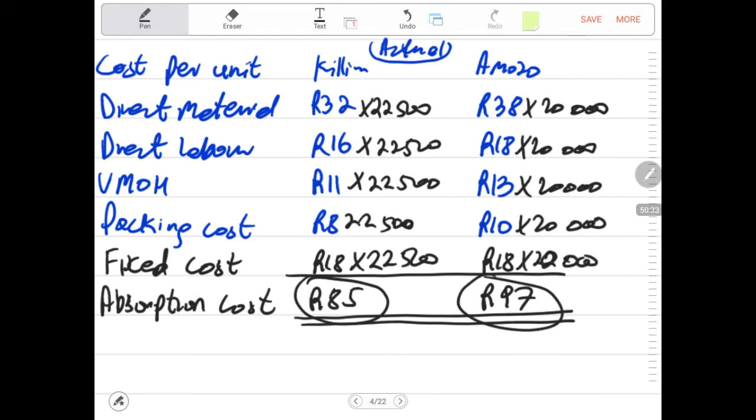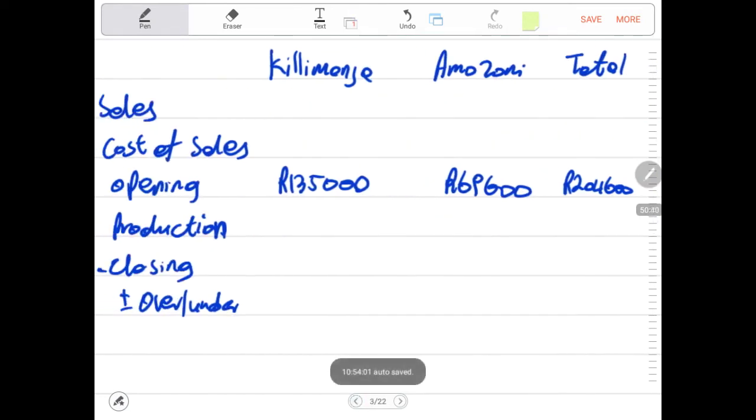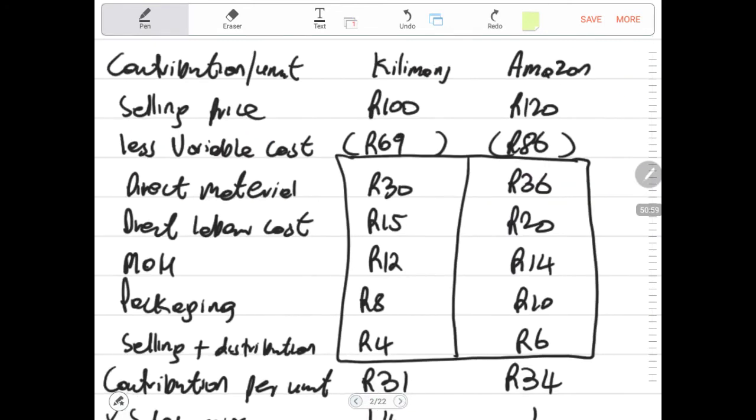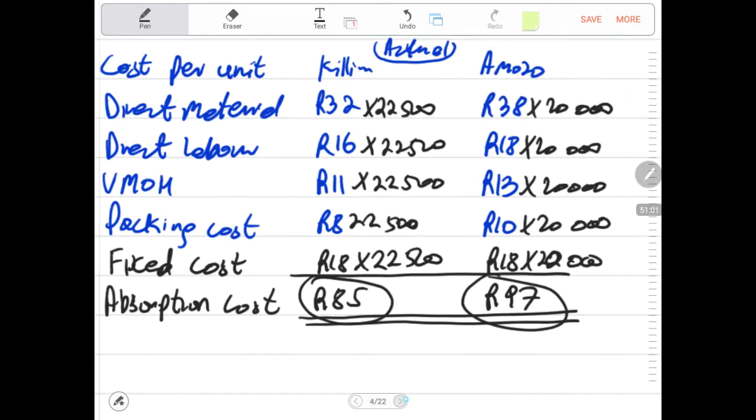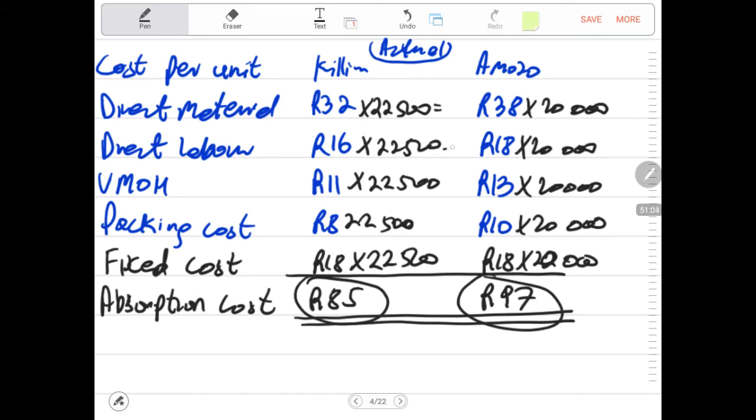So you can do this and you record individually, material separately, labor separately. That means if you do that, you will not have this line called production cost. You will have your cost of sales made of opening plus direct material plus direct labor, and you write the amount of labor plus manufacturing overheads according to the calculation that I've done, meaning according to the total that you're getting here, labor, packaging cost.